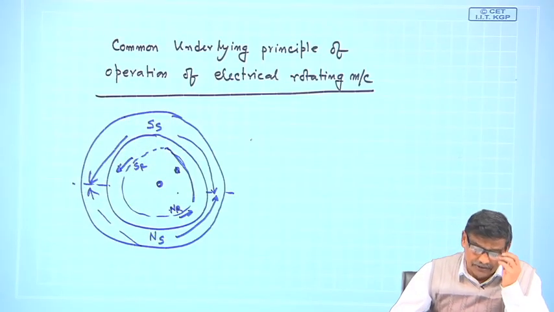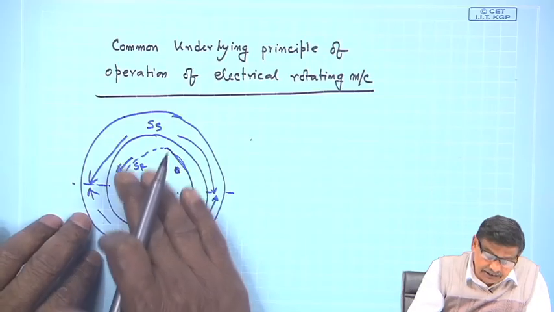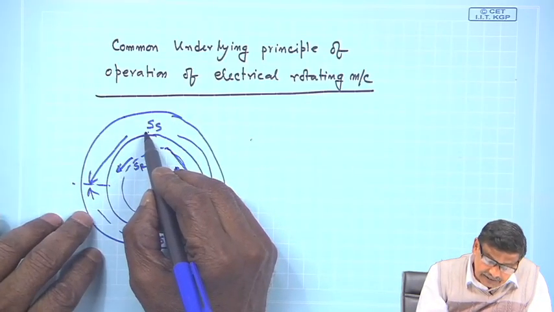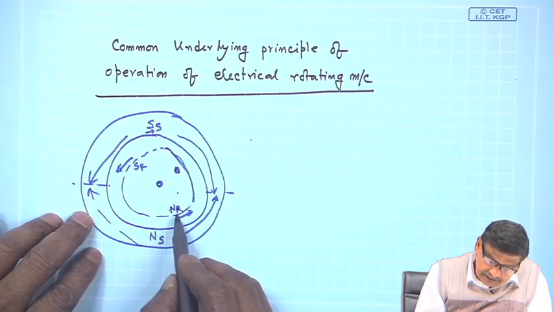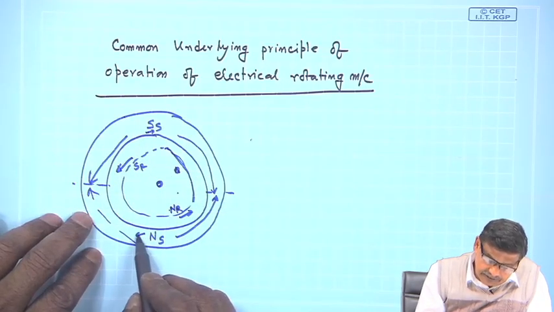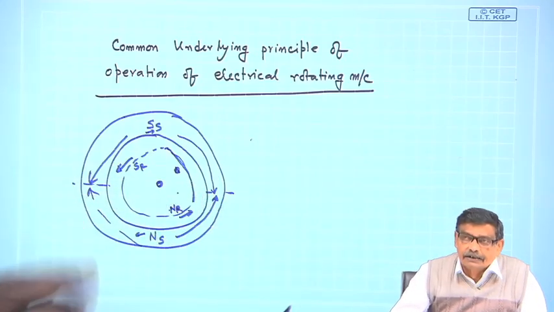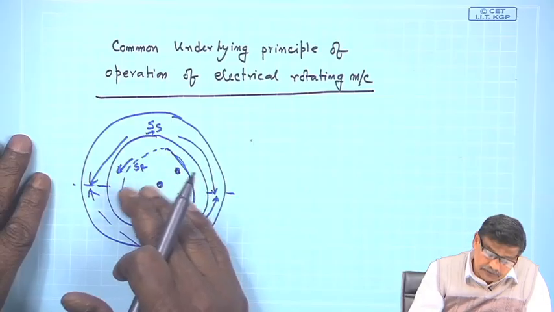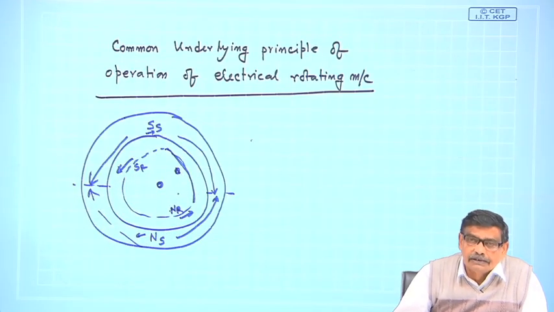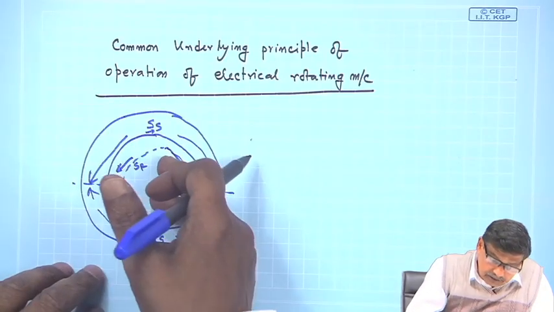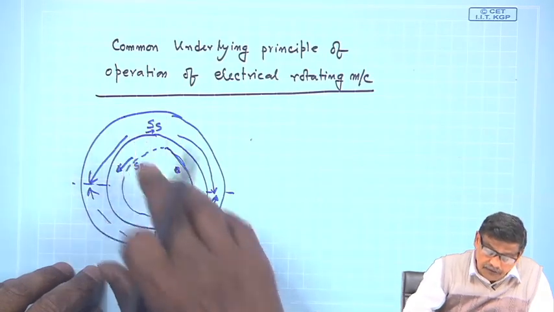One must not forget that the same torque is experienced by the stator, because SS experiences a force in this direction and NS also a repelling force in this direction, but the rotor cannot move. I have put that boundary condition. So the same torque will be experienced by stator poles as well as rotor poles, but the stator cannot move, and it is the rotor which will try to move.